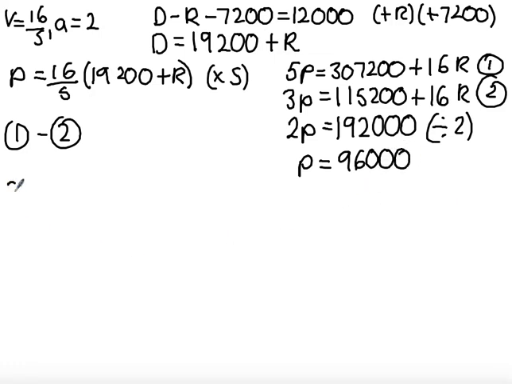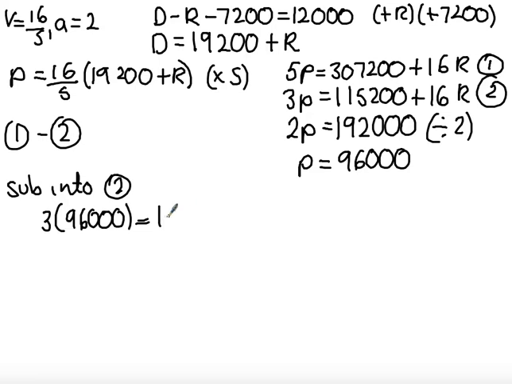Now all I'm going to do is sub that into one of the equations. Let's sub it into equation 2 because it seems to be dealing with smaller numbers. So I get 3 lots of 96,000 is equal to 115,200 plus 16R. So I'm going to subtract the 115,200 from both sides.